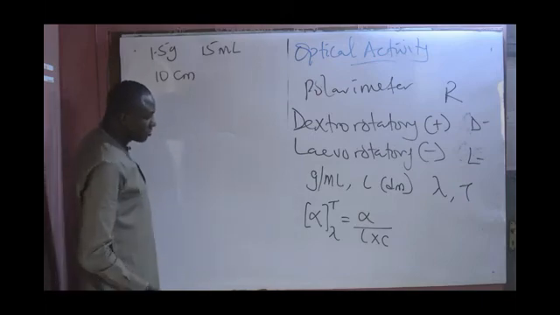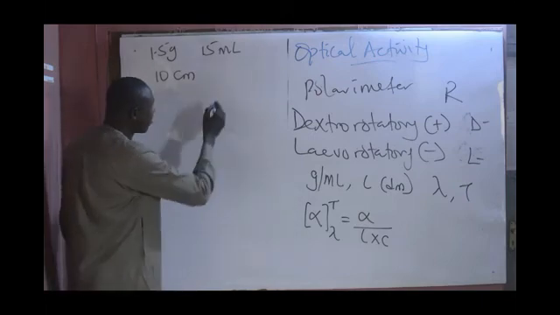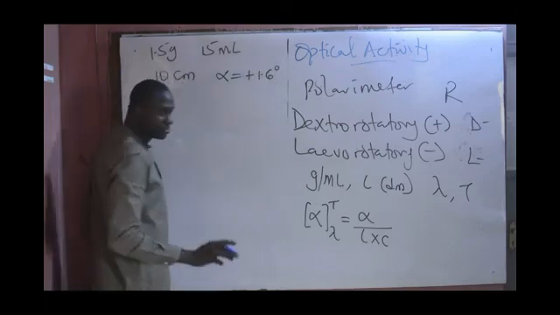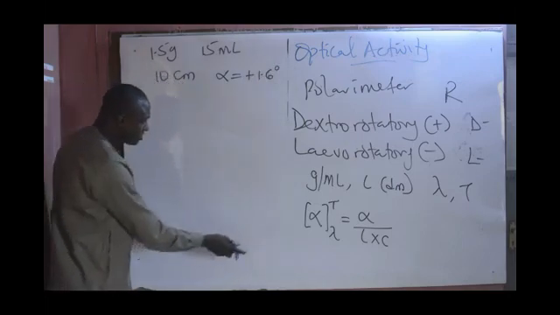So, what is the specific rotation if the observed rotation is plus 1.6 degrees? That's the observed rotation. We are looking for the specific rotation.